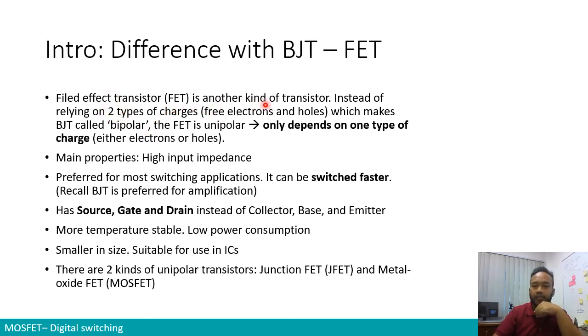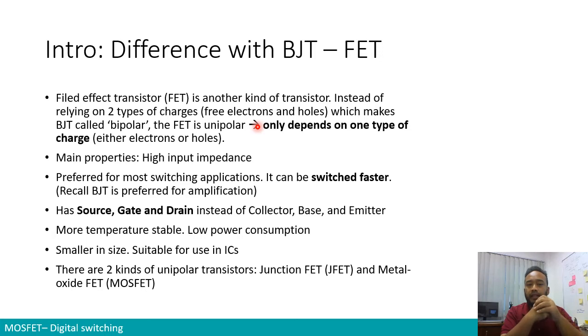It is another kind of transistor, but the main difference is that instead of relying on two types of charges, if you remember in BJT, in the PNP junction, we have both free electrons and free holes, and it's the dynamic between both that makes the BJT work. But here, in fact, we only have either one of those. It's either free electrons or free holes.